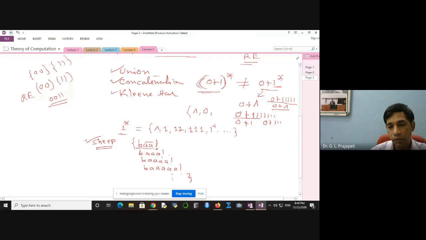So how can you represent the regular expression that can describe this kind of set? With the help of the clean star, you simply write BAA, because at least you must have 2 times A, and the third one is optional.